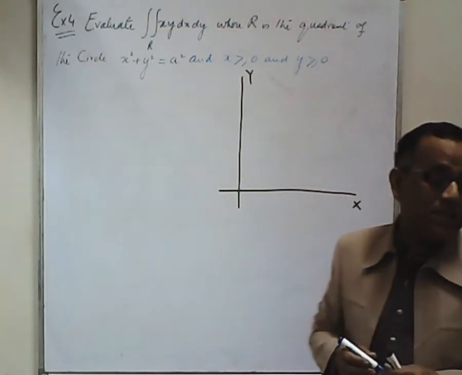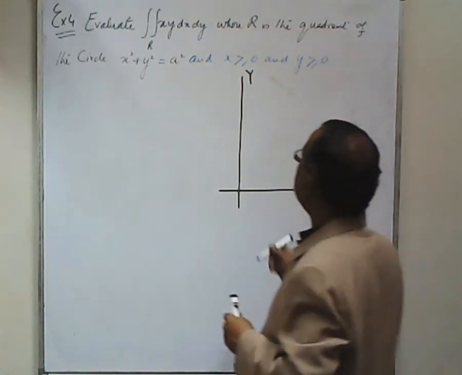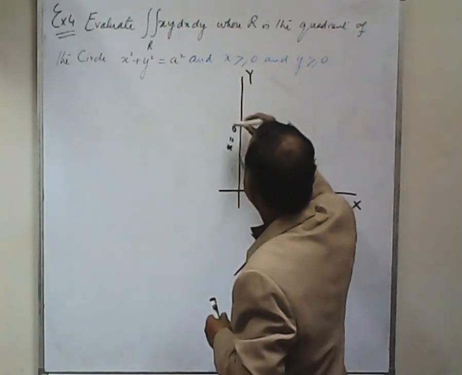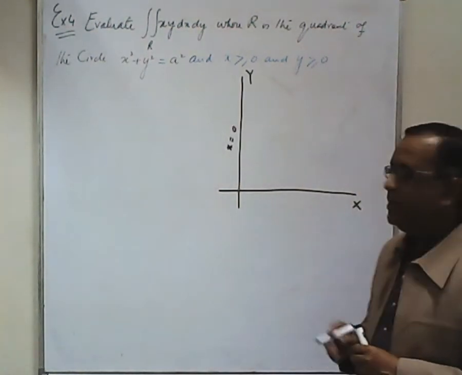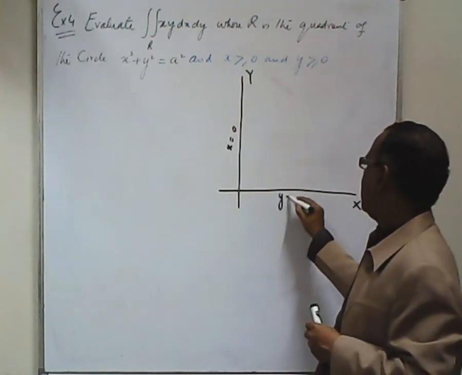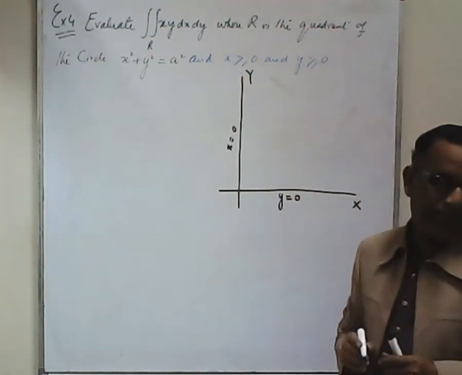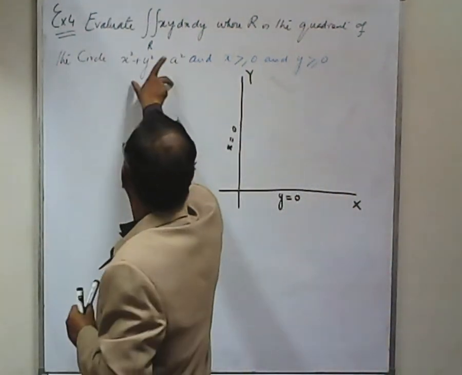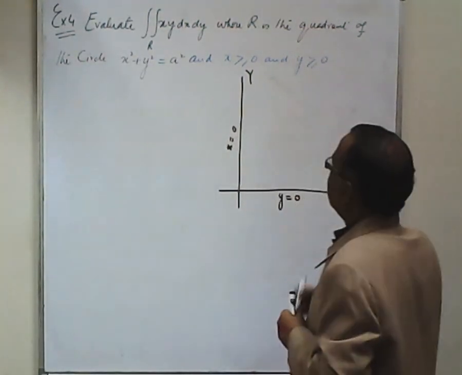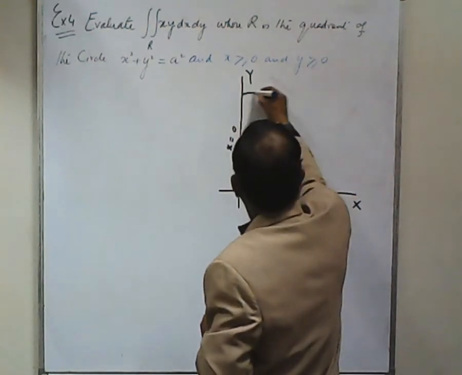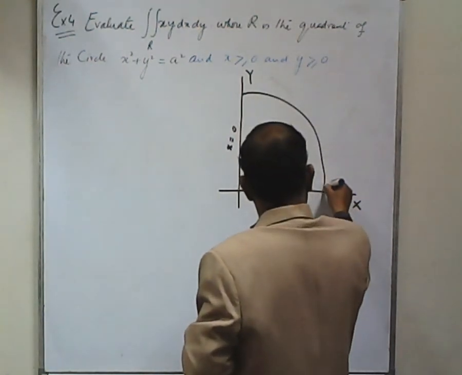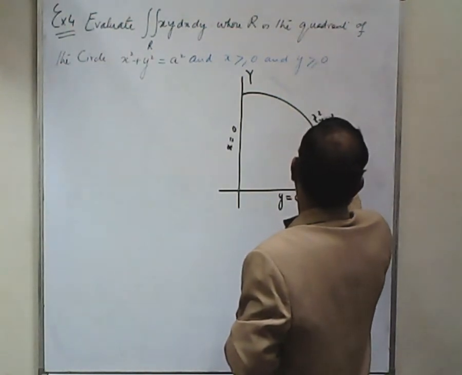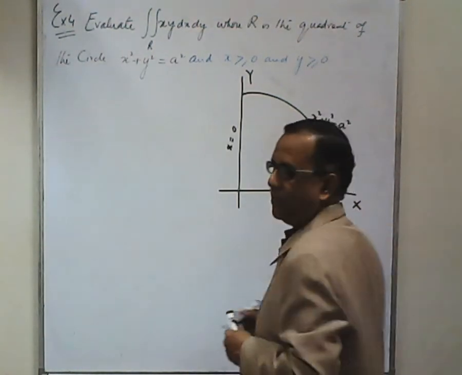So x is greater or equal to 0, so x equal to 0 is this line. This is the x equal to 0 line. This is the y equal to 0 line. And finally, we have this circle, let's say this is the circle x square plus y square equal to a square.